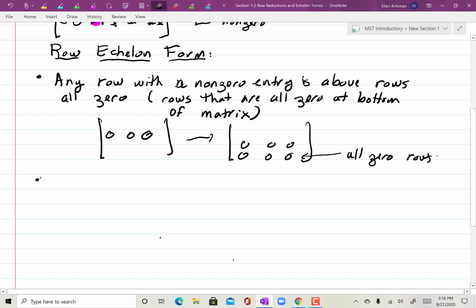The second thing, and this is to give it the triangular structure, gets into the leading entry.